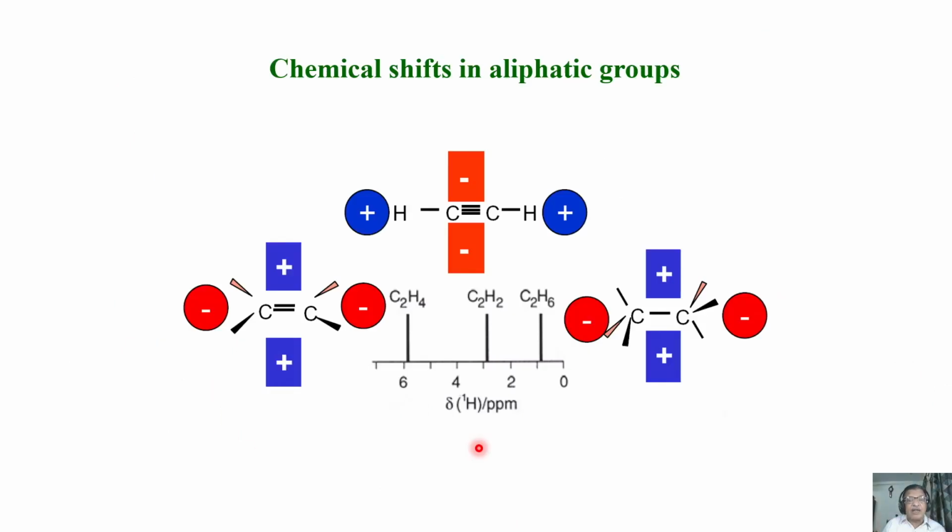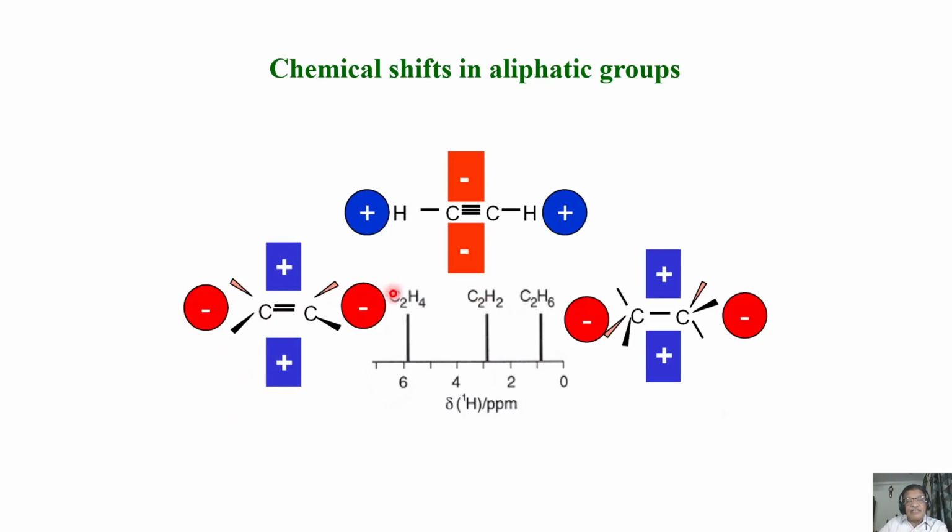Similarly, in a simple logic, I tell you what is going to happen. If I take the aliphatic groups, if I have a triple bond structure like acetylene, C2H2, in this triple bond the protons above and below get deshielded and acetylene comes much downfield, whereas in C2H4 and C2H6, ethane and whatever alkanes you take, in the bond axis the protons get deshielded, and above and below the bond shielded.